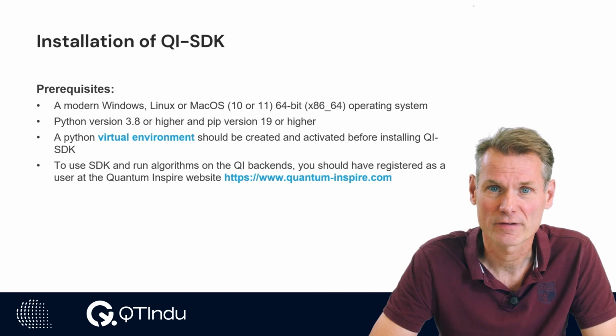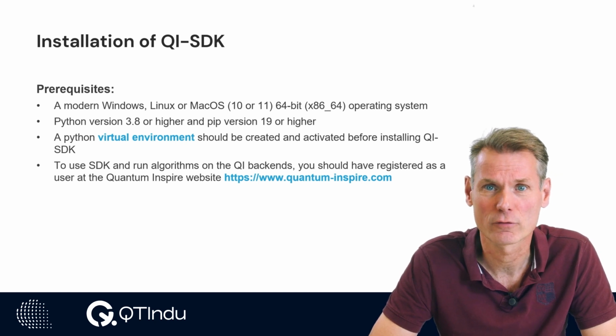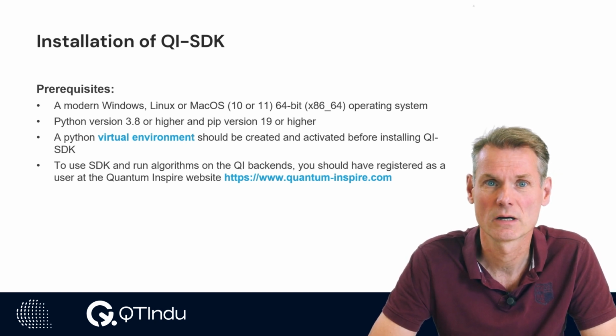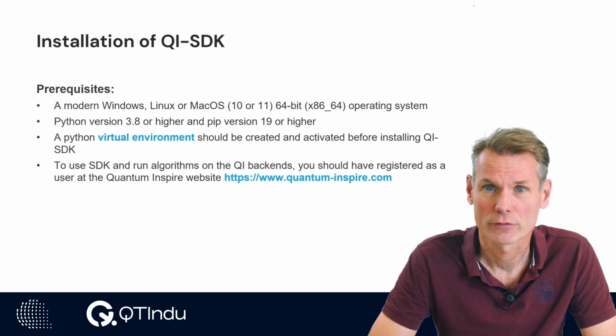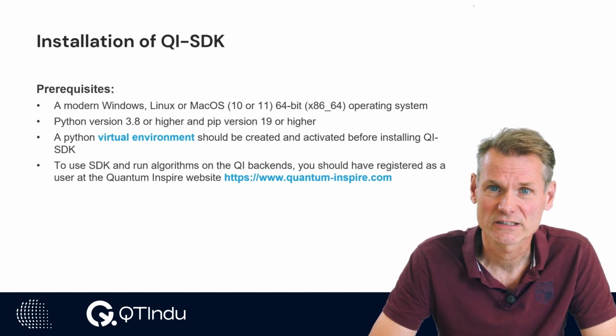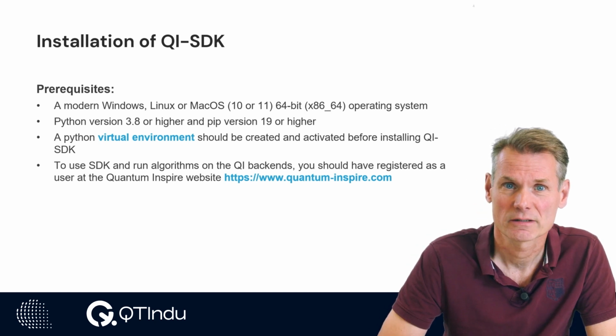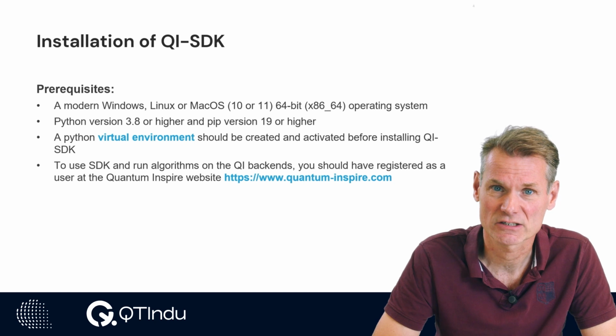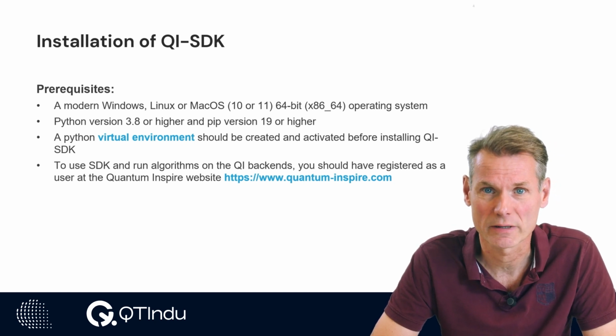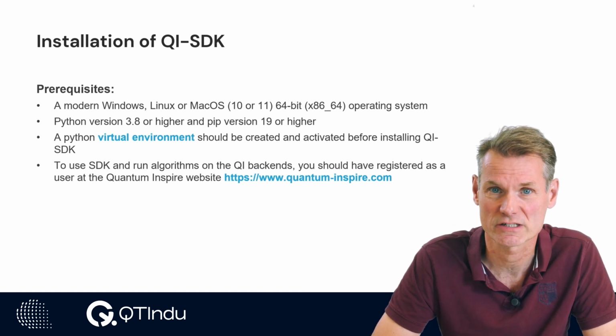A Python virtual environment should be created and activated before installing QI SDK. To run algorithms on the QI backends, you need to register as a user at the Quantum Inspire website. So when you have access to a system that meets these requirements, let's get started with application development by installing QI SDK on your system.